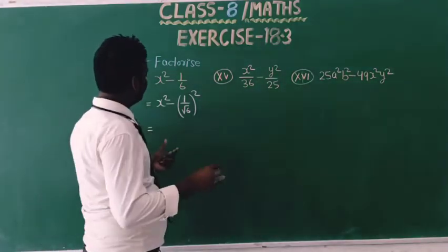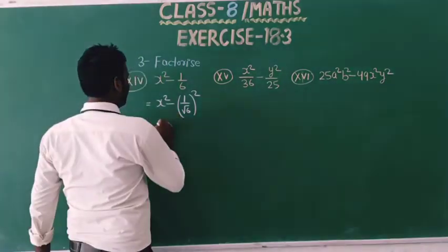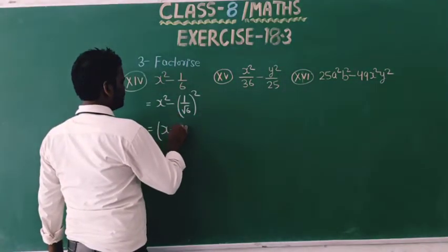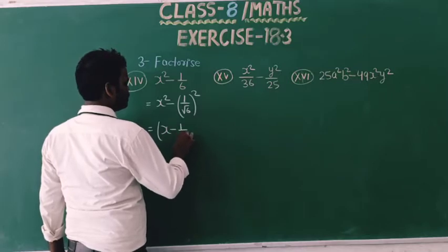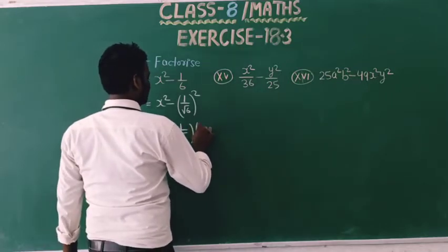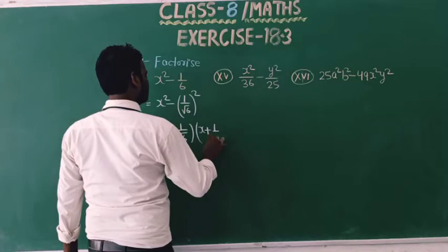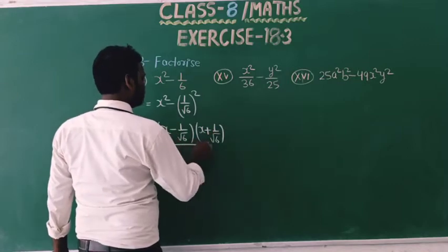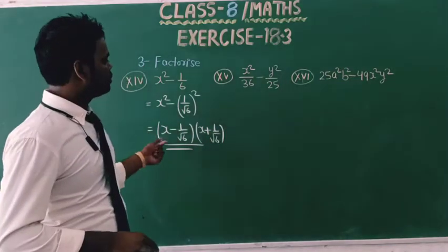So by using the identity a square minus b square, this becomes in one bracket x minus 1 upon root 6 and another bracket x plus 1 upon root 6. So this is the solution.